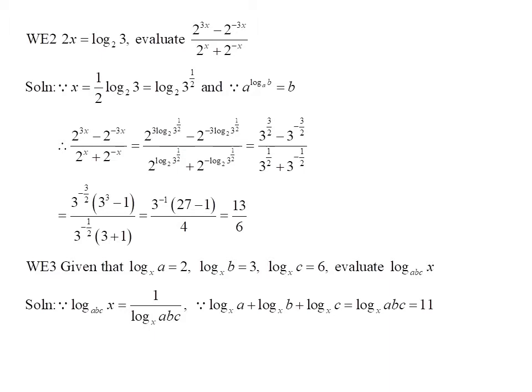Since logarithm base abc of x equals the reciprocal of logarithm base x of abc, and logarithm base x of a plus logarithm base x of b plus logarithm base x of c equals logarithm base x of abc, which equals 11. Hence, logarithm base abc of x equals 1 over 11.